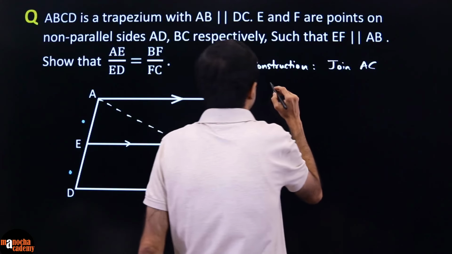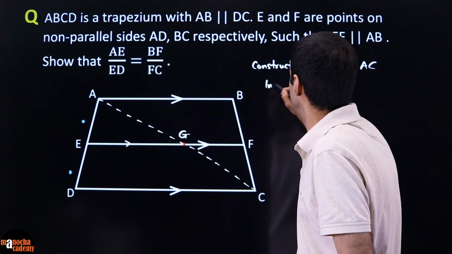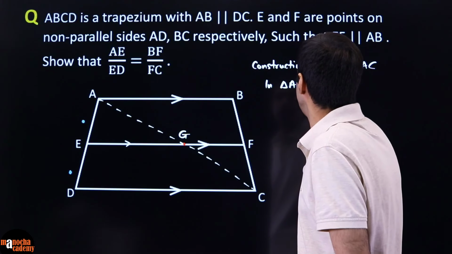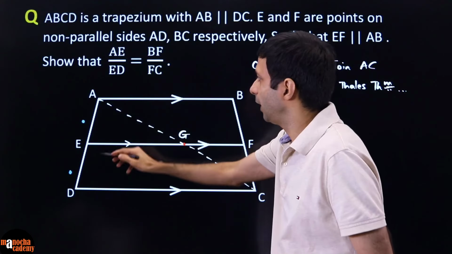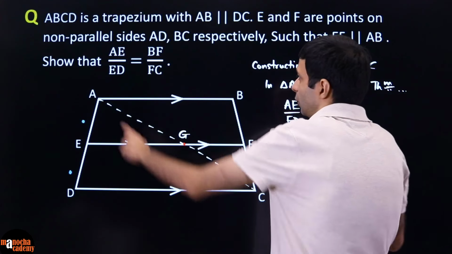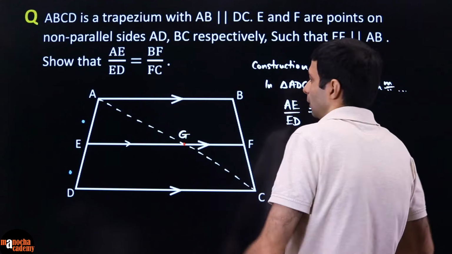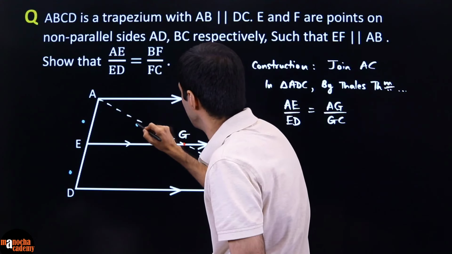So now we can say by Thales theorem, if we are looking at triangle ADC, so in triangle ADC by Thales theorem, what do we know? AE by ED is going to be equal to AG by GC. So the ratio of this is to this is going to be equal to this is to this.